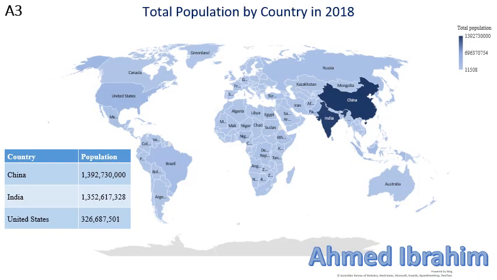The model shows the total population by country and the top countries by population in 2018. China, India, and the United States have the maximum populations. An interactive map was created based on the model.